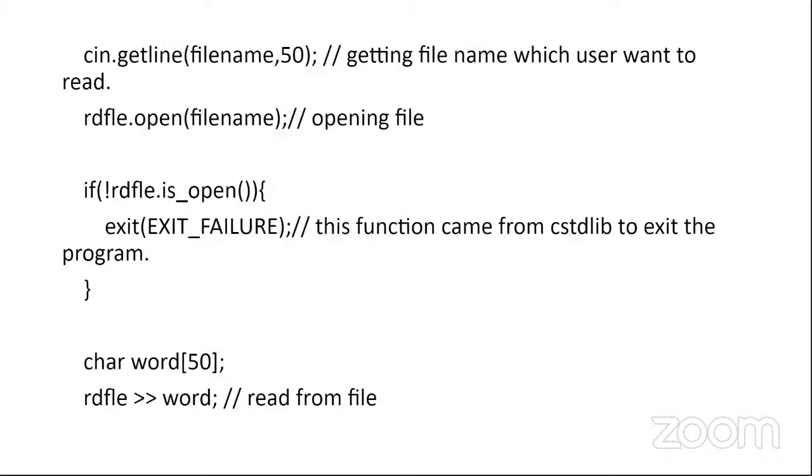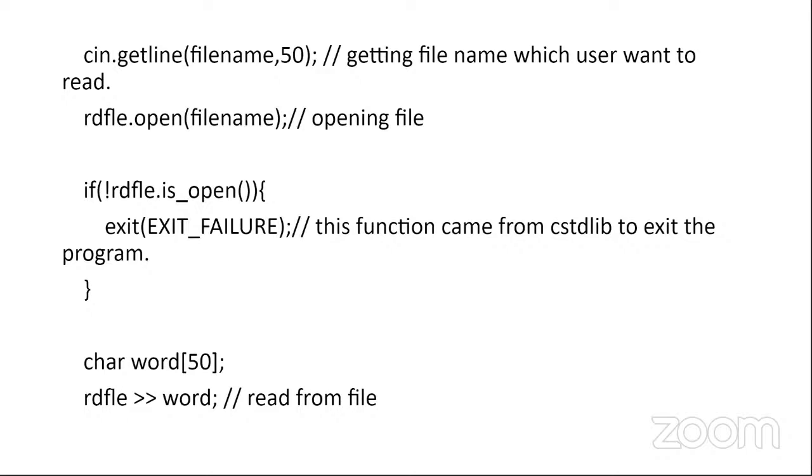And then we get input into the file name array. This is the file name which the user wants to read, and then we open that file by using the open function.